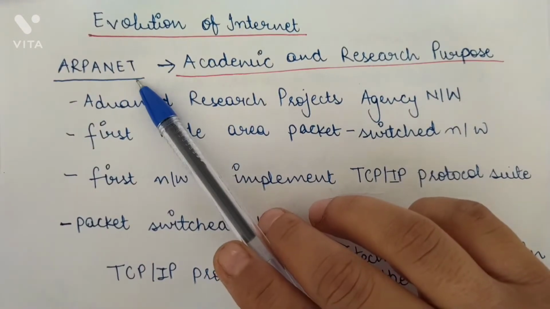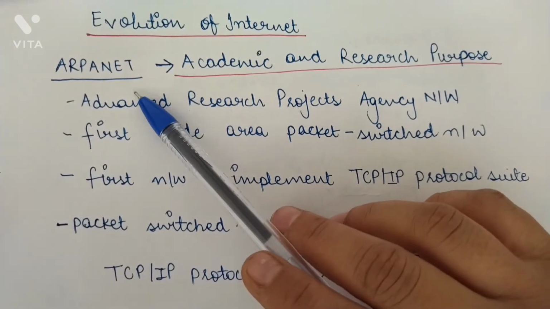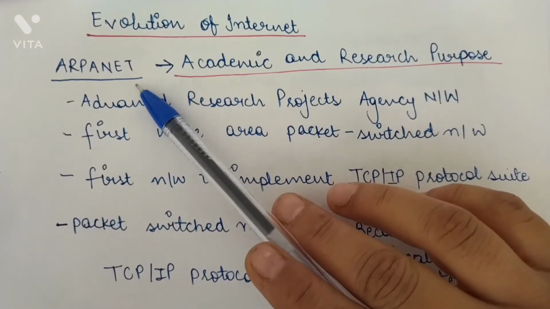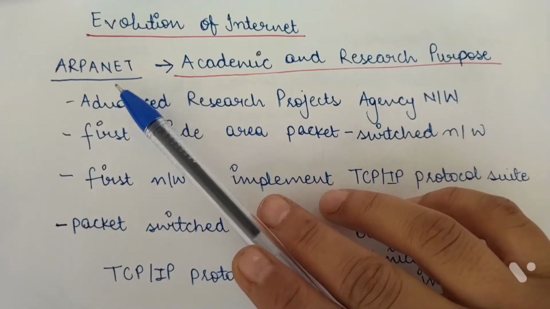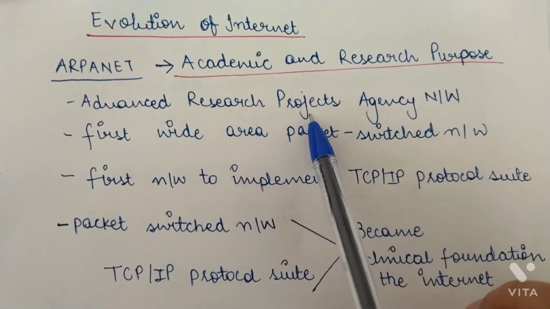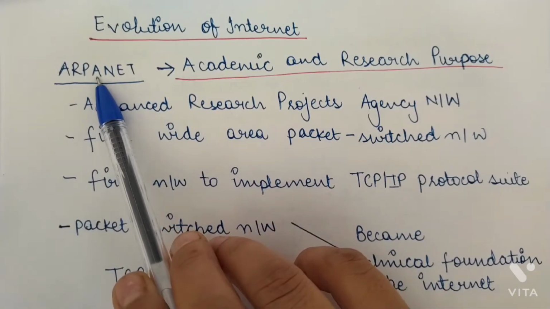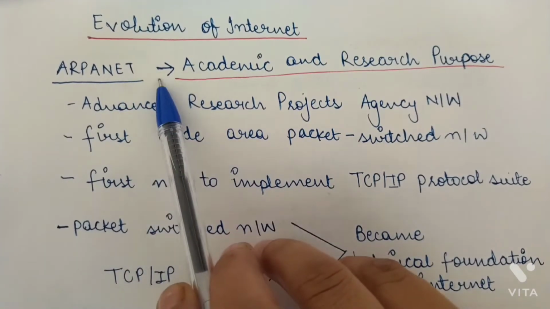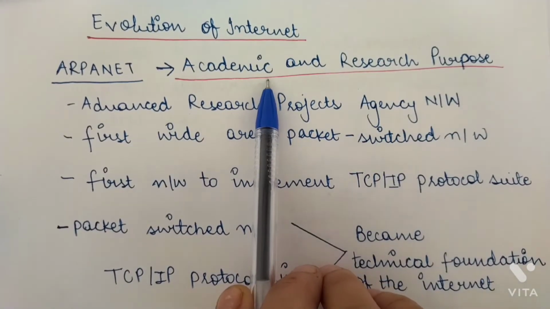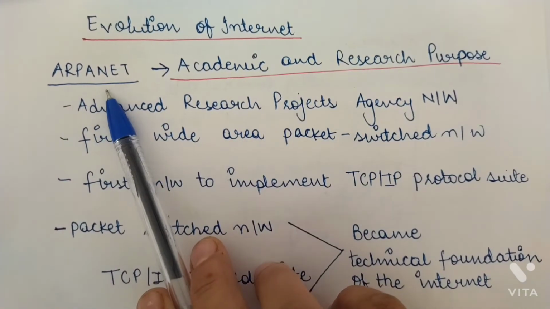It was the starting of the internet; we could not really call it the internet, but this is how the internet started. ARPA means Advanced Research Projects Agency and NET stands for network. ARPANET was designed for academic and research purposes, so academicians or people in the defense who wanted to do research work used ARPANET.